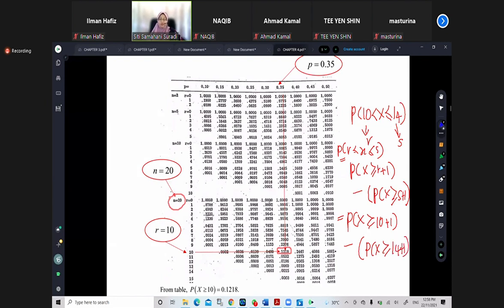Find in the table for me. So P(X more than 11) minus P(X more than 15). Is there 15? Okay, there is.